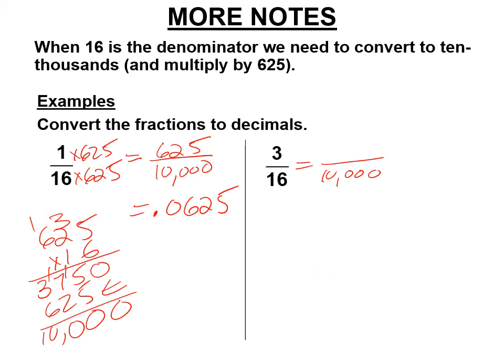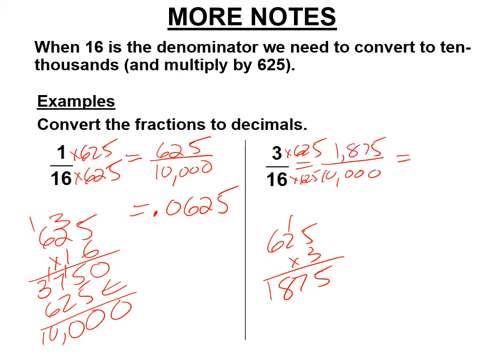So we're multiplying by 625. 625 times 3 gives us 1875, so it's 1,875 10,000ths, which is 0.1875. No zero, because we need it to still end in the 10,000ths place.